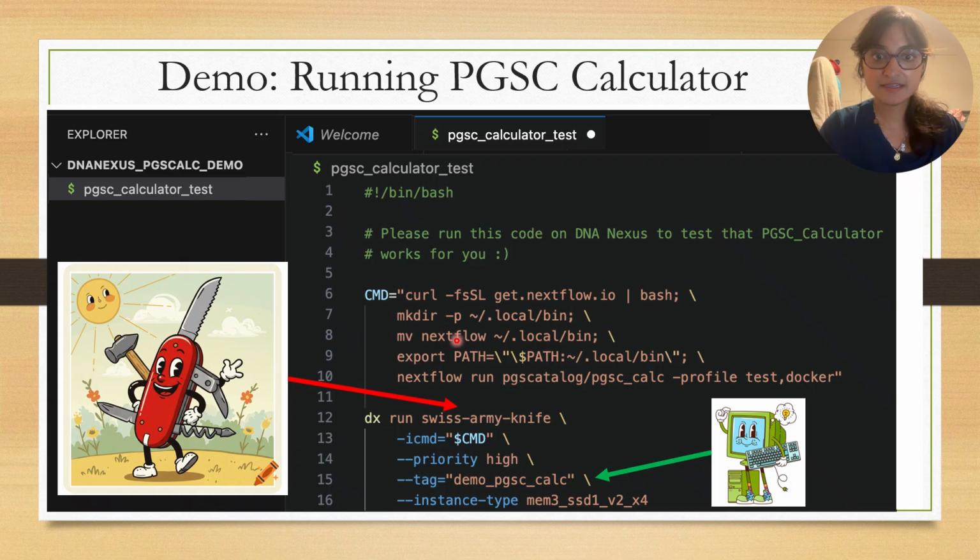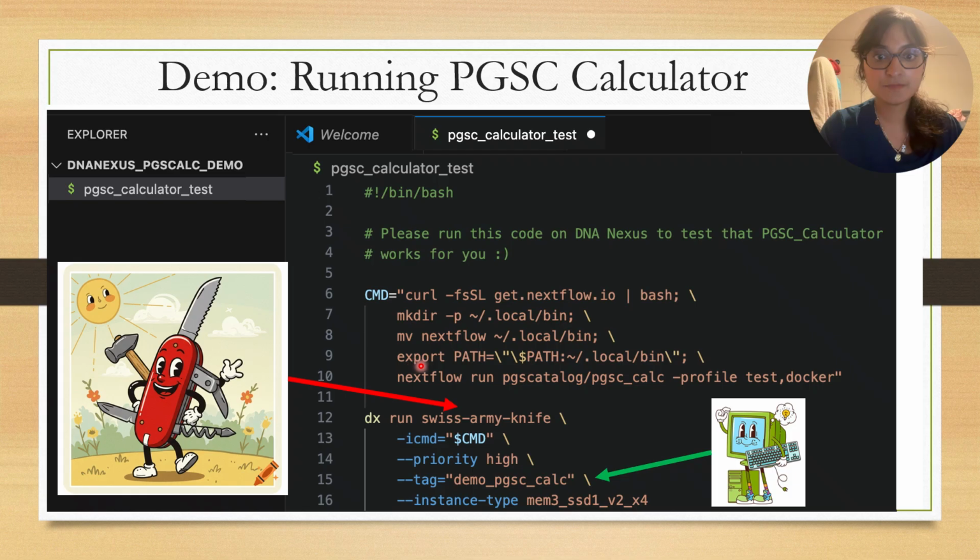Then mv nextflow ~/.local/bin is going to move the downloaded Nextflow executable into this directory using the mv command. So mkdir is making the directory here, and then we're moving Nextflow there.